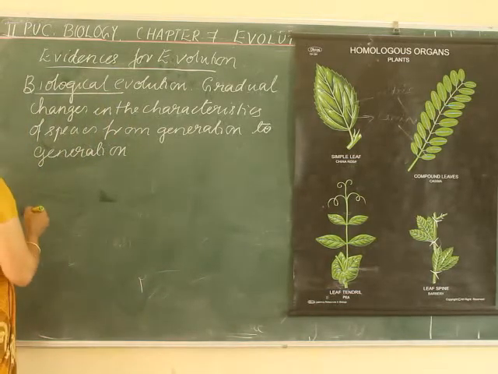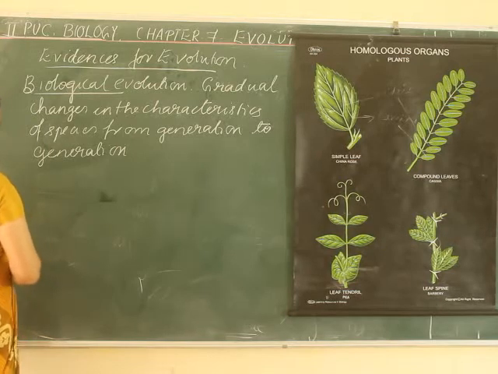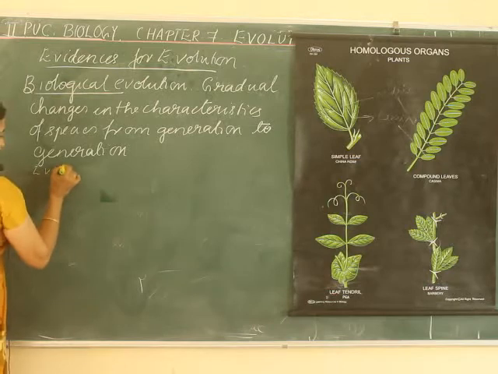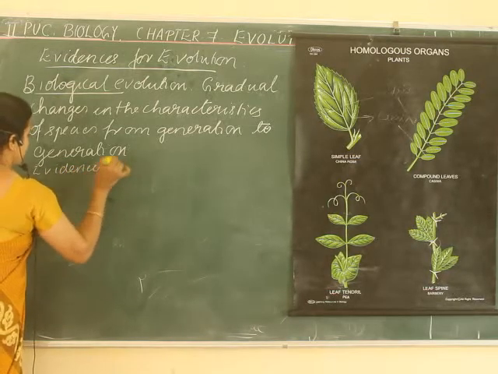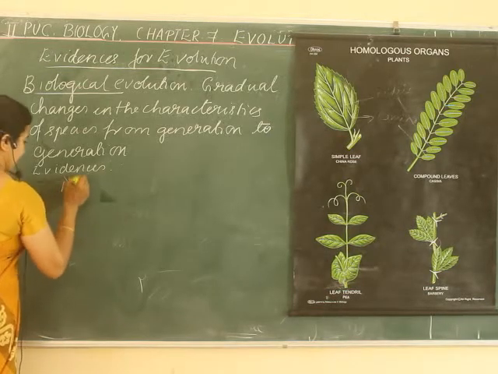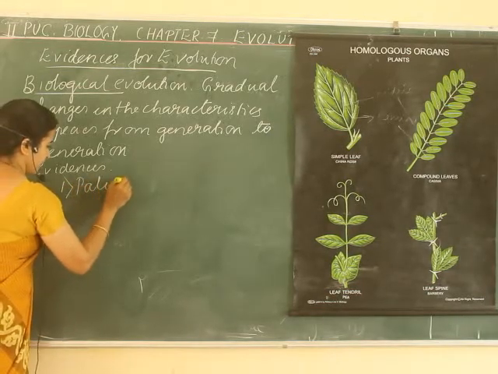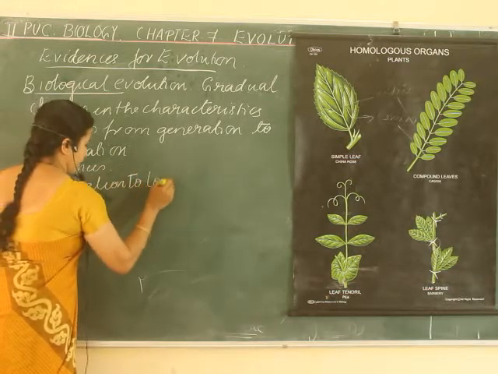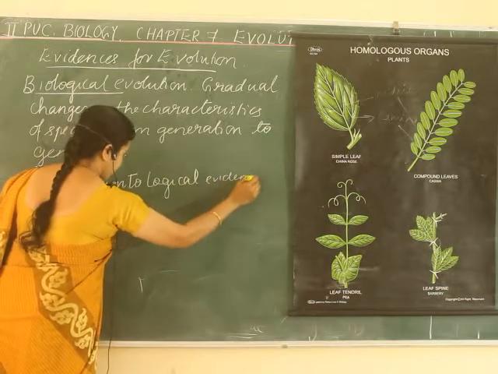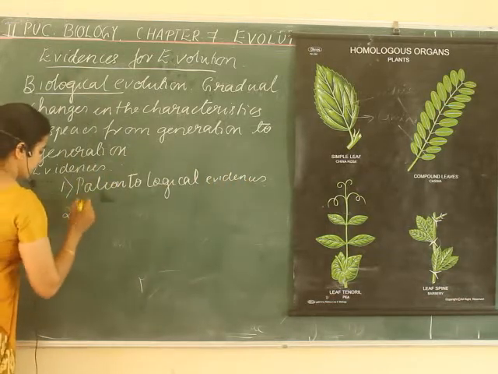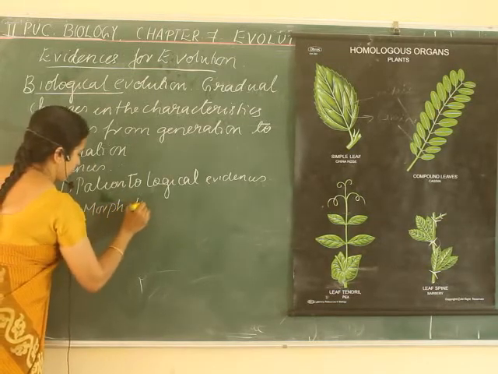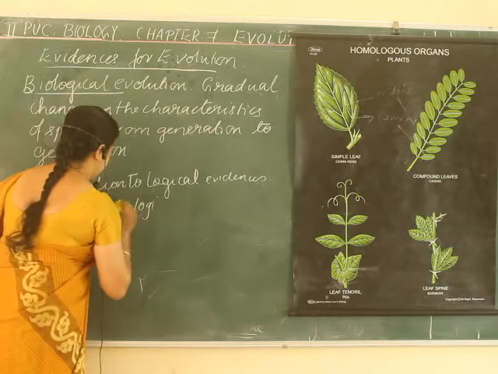So we will understand now the evidences for biological evolution. What are the evidences to support evolution? The first one is paleontological evidences. The second one is morphological and anatomical evidences, or you can also say comparative anatomy.